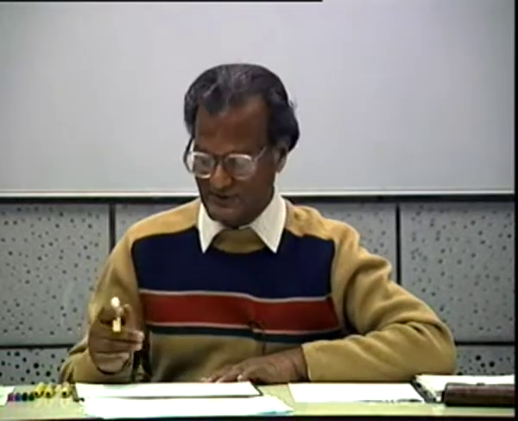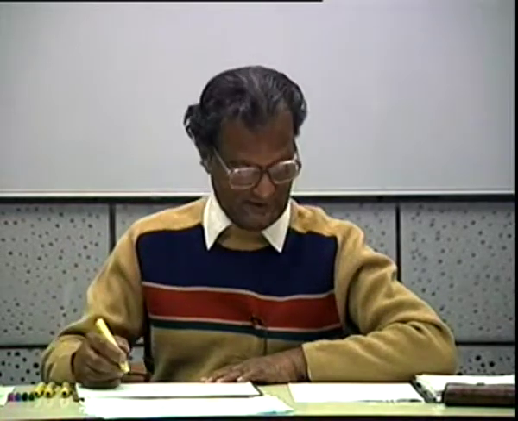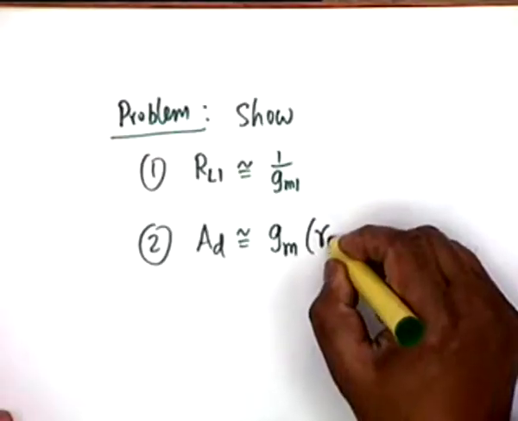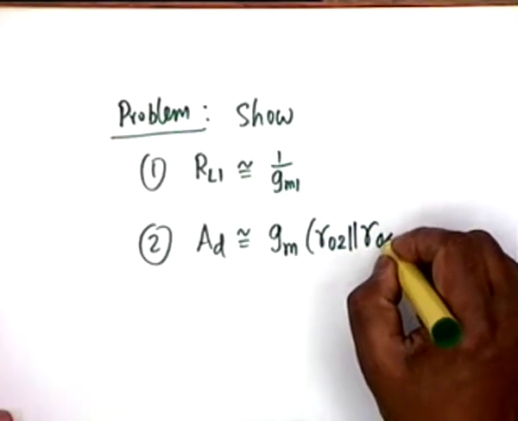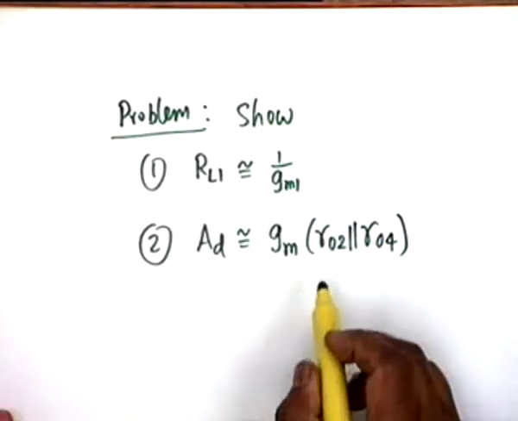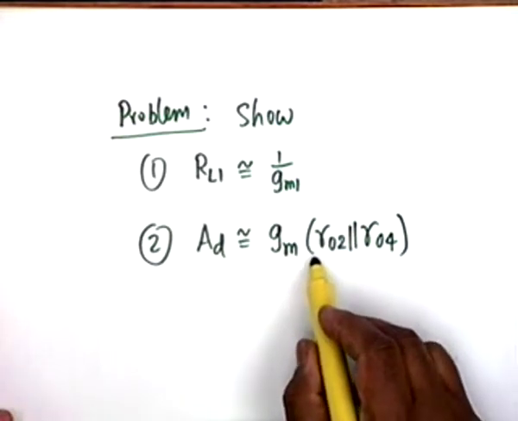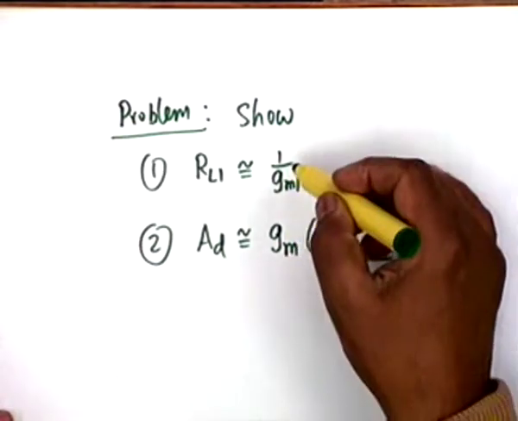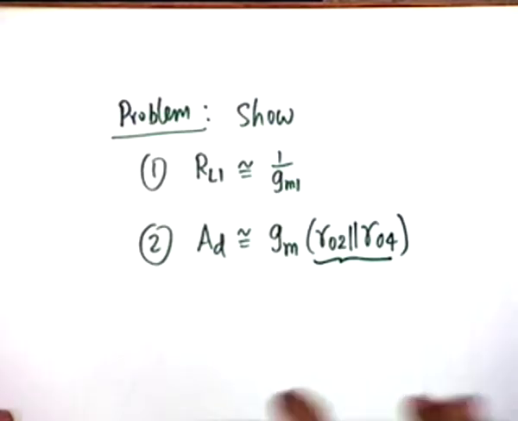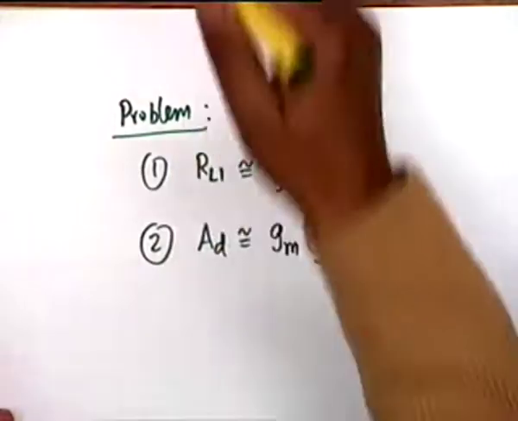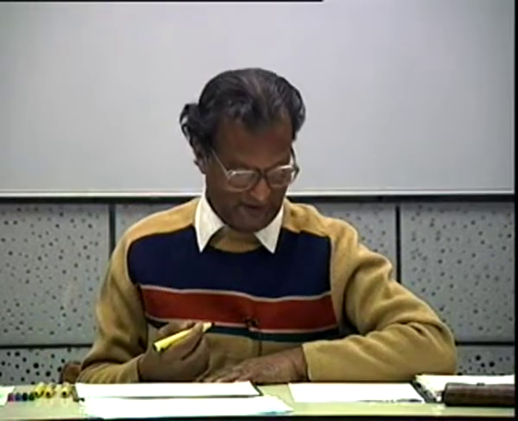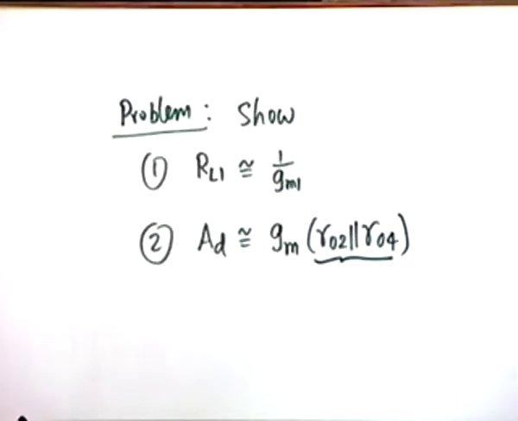Q1, Q2, Q3, Q4, the collector currents are the same. So I am simply writing GM multiplied by R02 parallel R04. This resistance is very high. This resistance is not that high. So the two loads are different. Also notice that there is no negative sign here. Can you guess why?